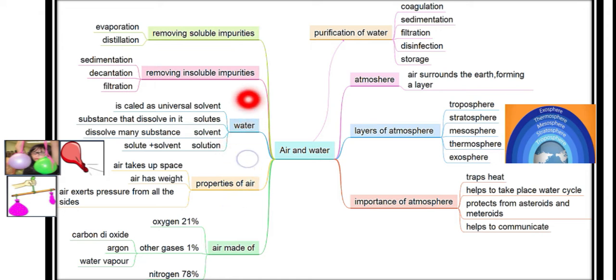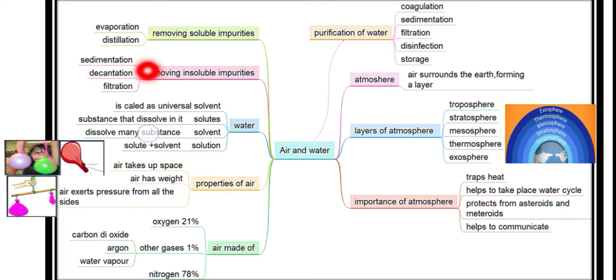So let us discuss removing insoluble impurities. The first method is sedimentation. Sedimentation is a process in which heavy particles in a liquid are allowed to settle down at the bottom of a container. Decantation.